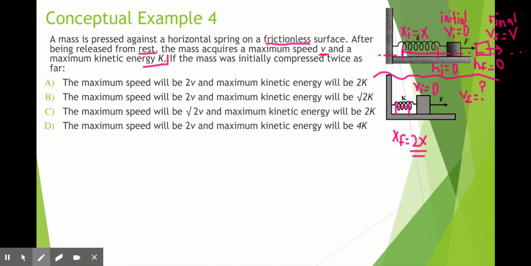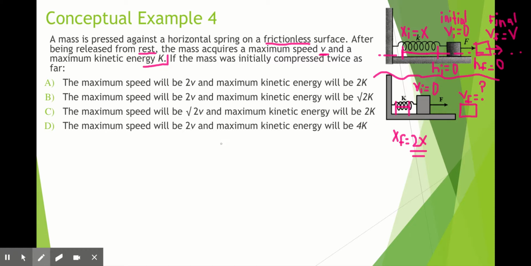So the object will still start at rest when it's compressed. When it's released, it's going to move across the surface with some velocity. We need to figure out how that velocity changes.